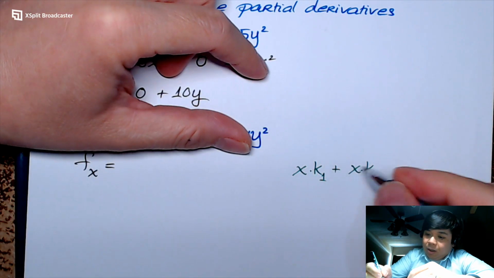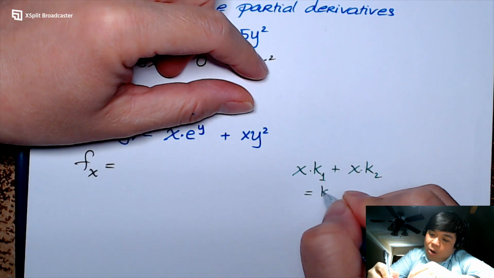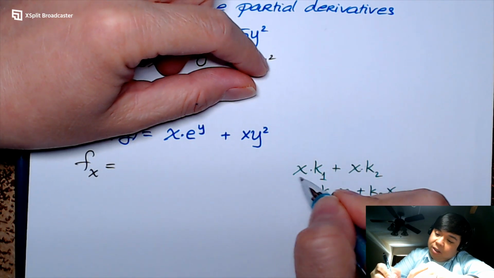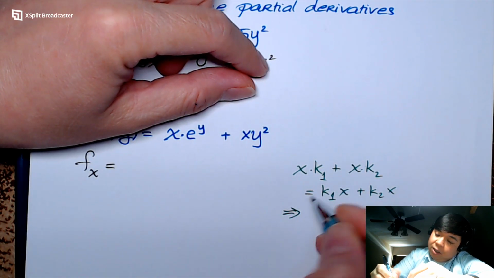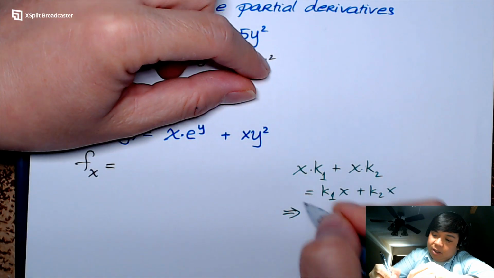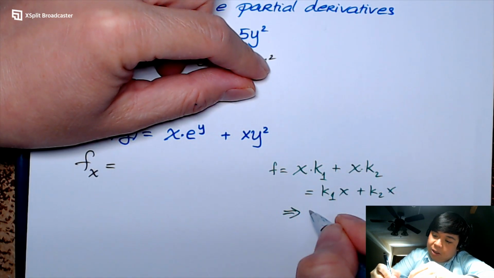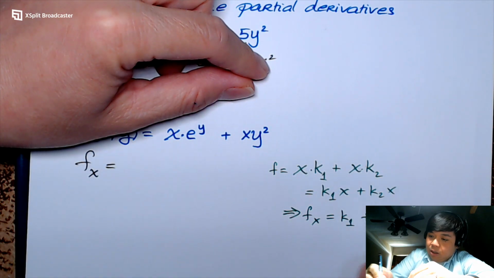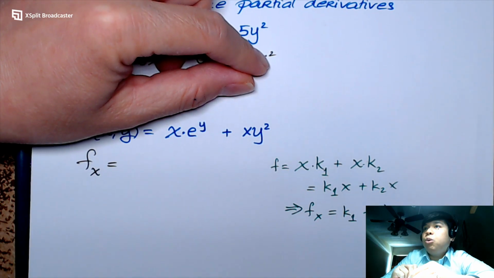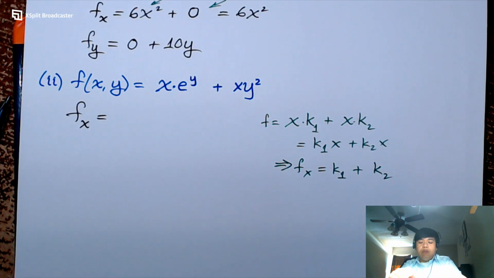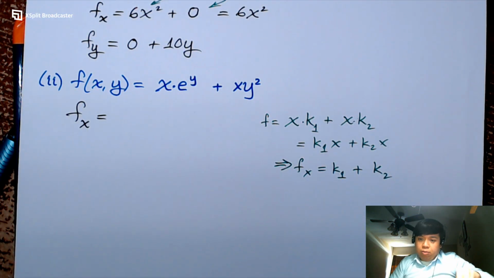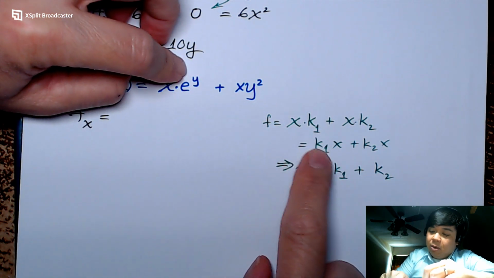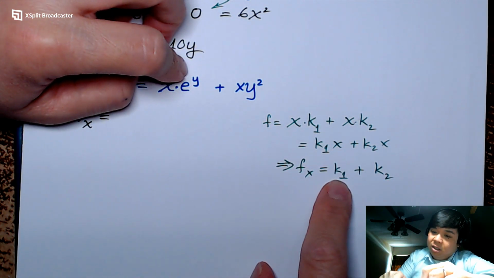Also, we have k1 x plus k2 x, and the derivative is going to be k1 plus k2. With respect to x, it's just a constant times x. The derivative of a constant times x is that constant. Same thing here.